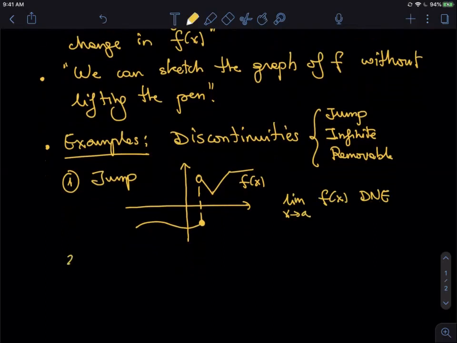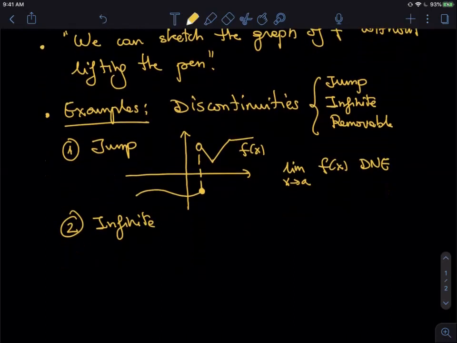Now the second possibility is that it's an infinite discontinuity. What happens if it's an infinite discontinuity? In that case, we have these vertical asymptotes, the ones that look like a chimney.